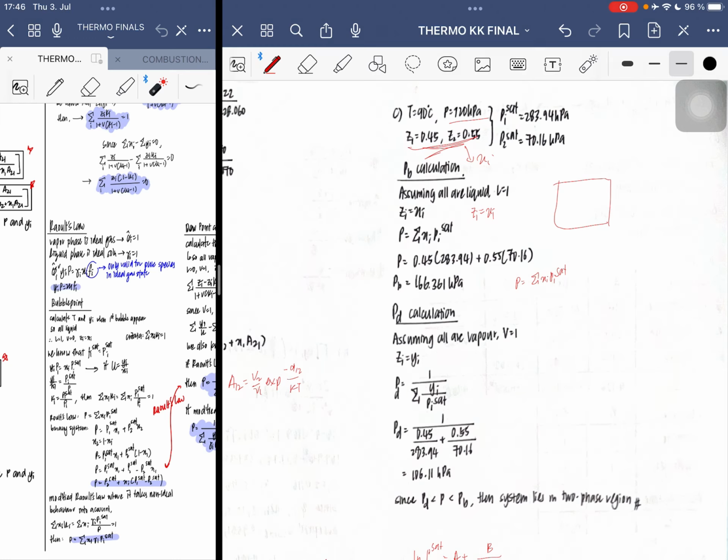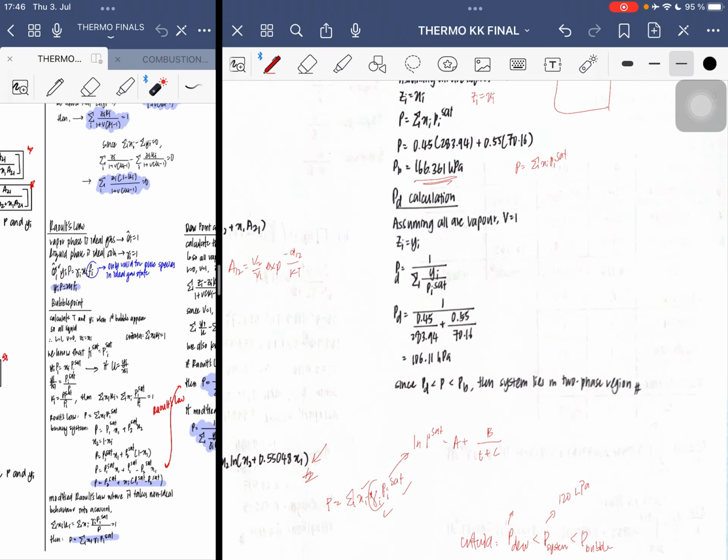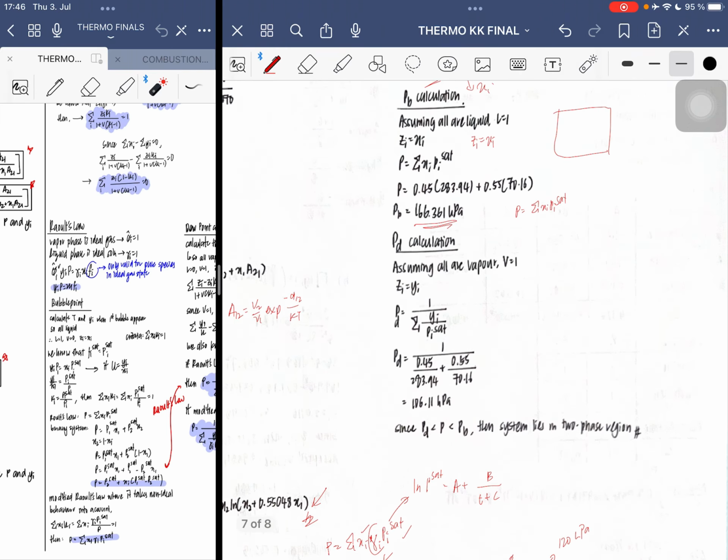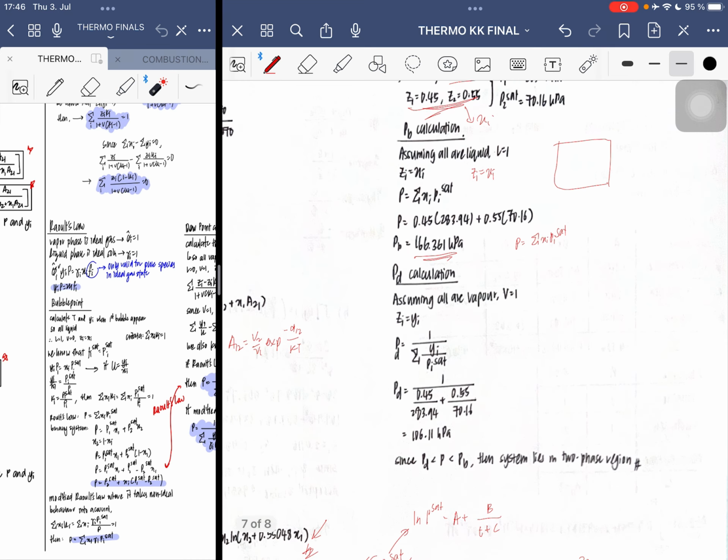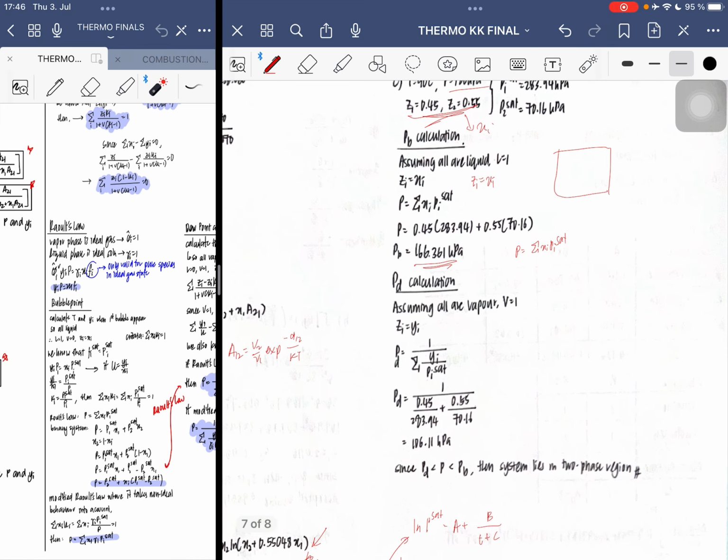The dew pressure calculation is the opposite of the bubble point. For dew pressure, we are going to assume that every component in this system is vapor. So when everything is vapor, Zi equals Yi, since Xi is 0.